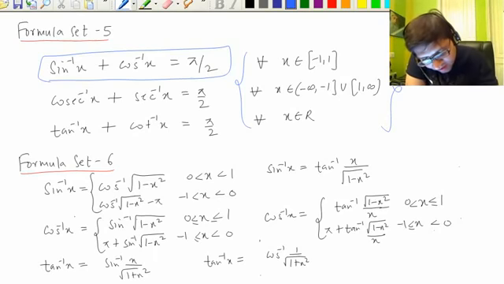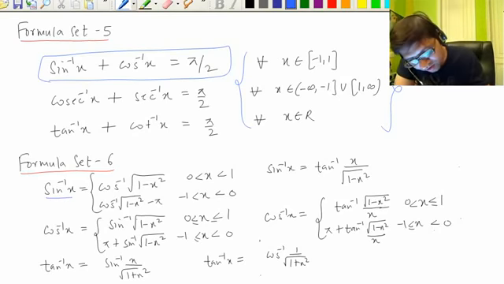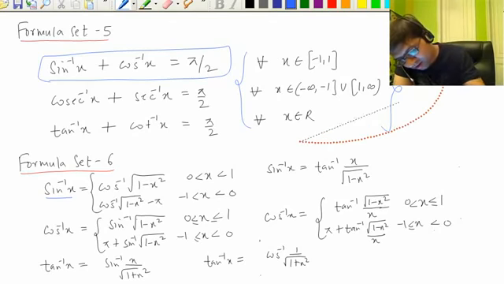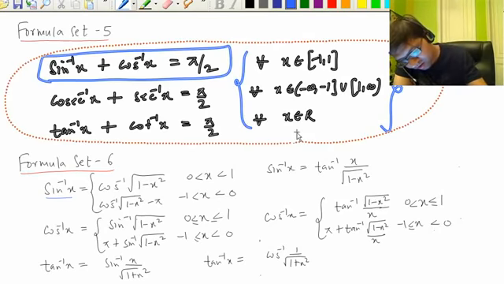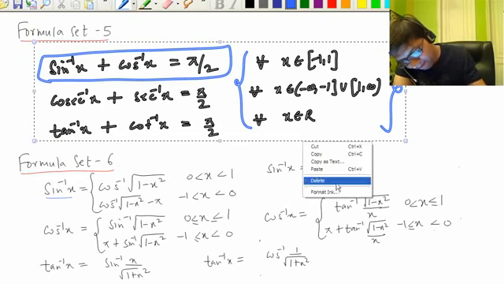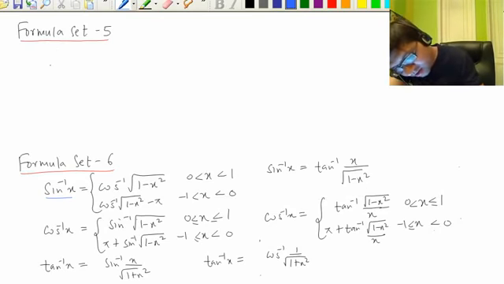Formula set 6 is this. We want to write sin inverse x in terms of cos inverse x. You have done this in 10th class.